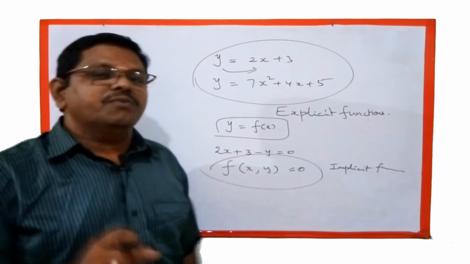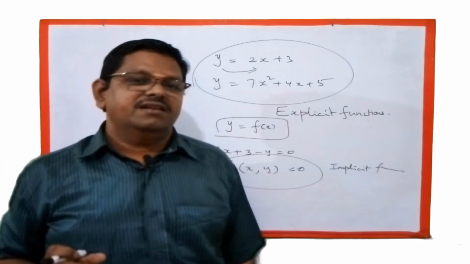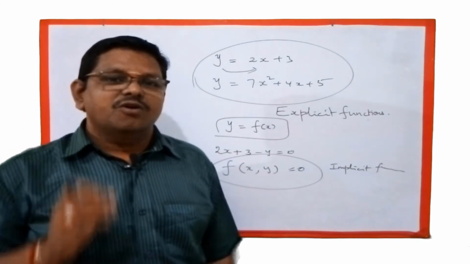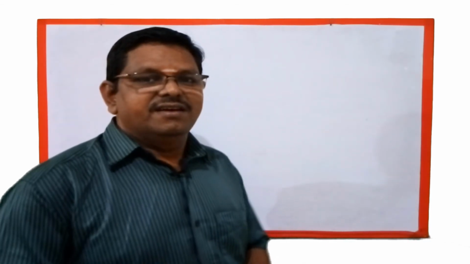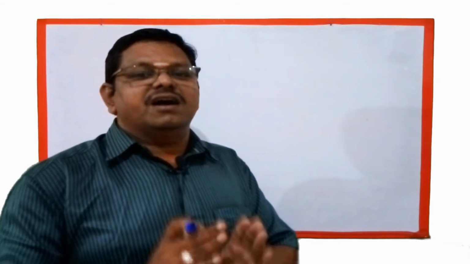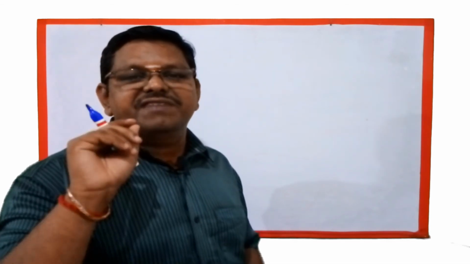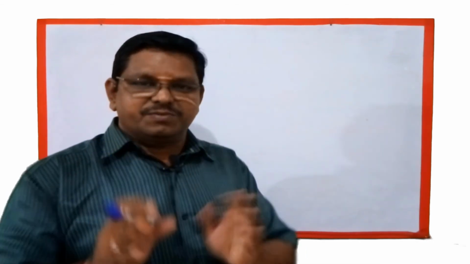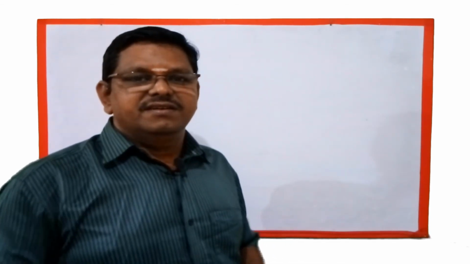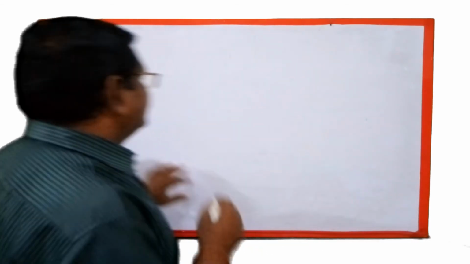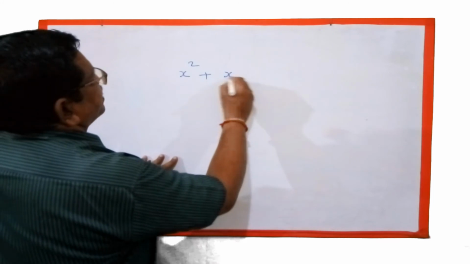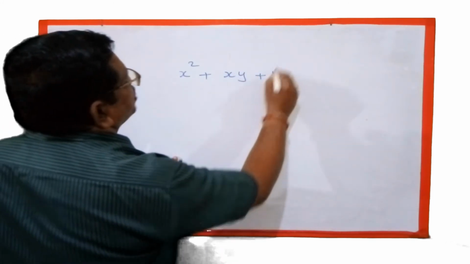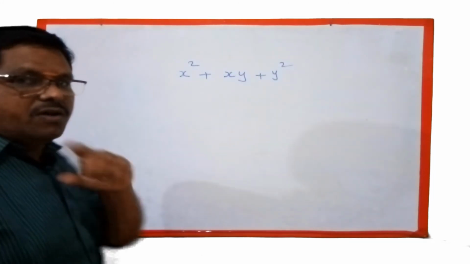Okay, now we are going to the last model, that is homogeneous functions. Homogeneous function means the power or degree of each and every term in the given expression or function will be the same. For example, if you write x square plus xy plus y square, check all the terms.